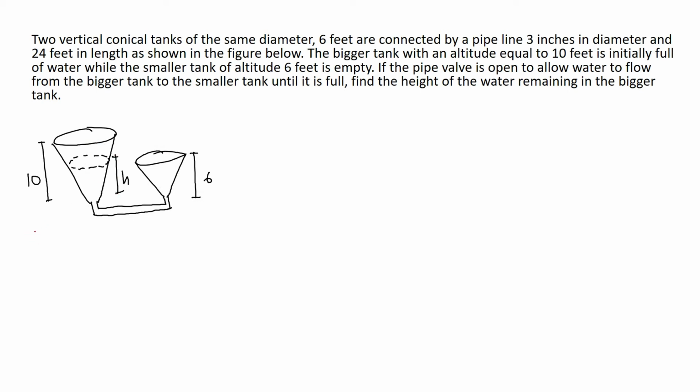So first, let's set some variables, let's say VB, the initial volume of the bigger tank. VS, the volume of the smaller tank. You can use whatever variables you want, but I'm using these to make life easy.